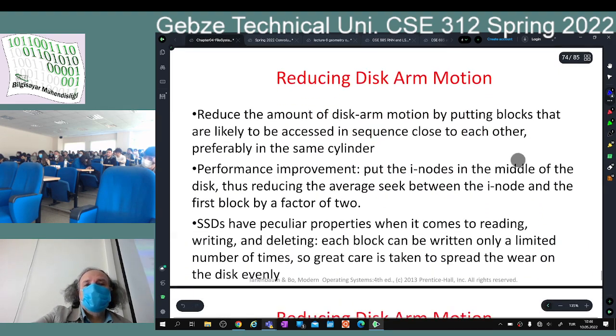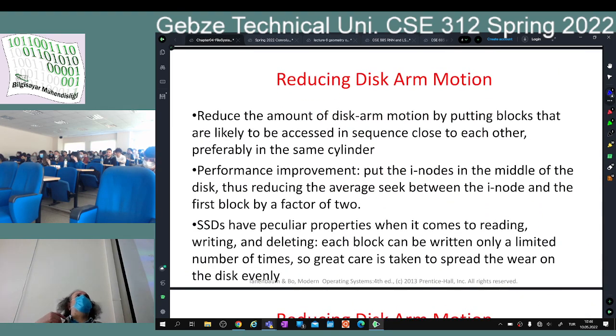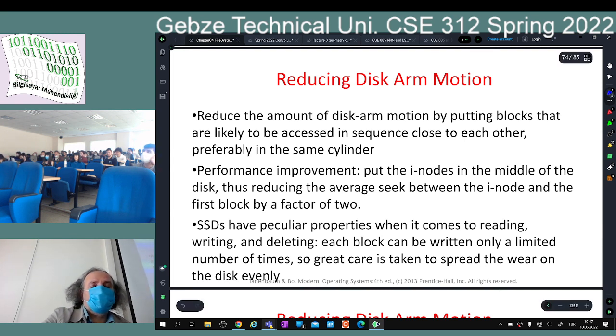The other thing is that if you know what kind of technology you use in your secondary storage, whether it is a mechanical disk or SSD, you can take advantage of it. Since we are using mechanical disks a lot, maybe we can do some optimization of the disk structure to reduce the disk arm motion.